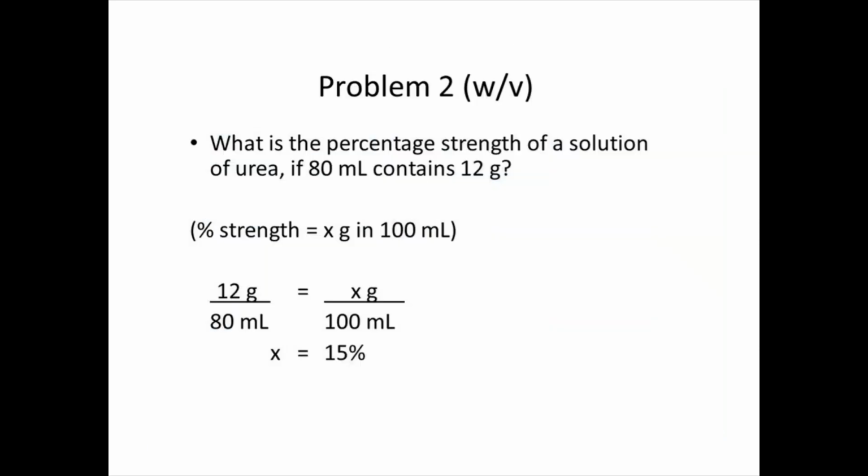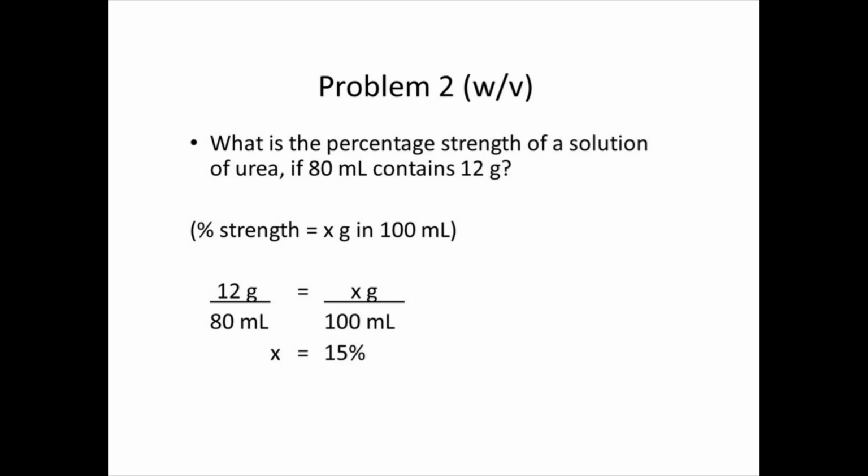Now we'll get with another problem. What is the percentage strength of a solution of urea if 80 ml of solution contains 12 grams of urea? Percent strength, percent, means x by 100, 1%.